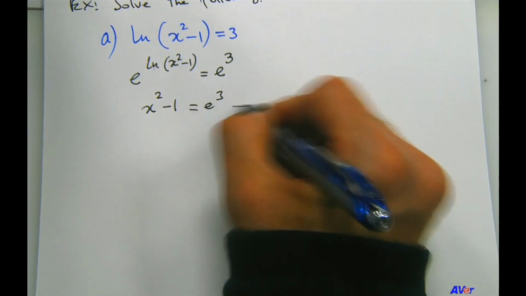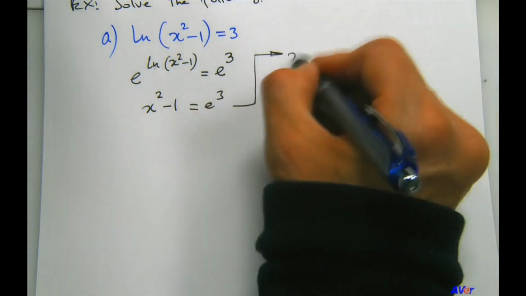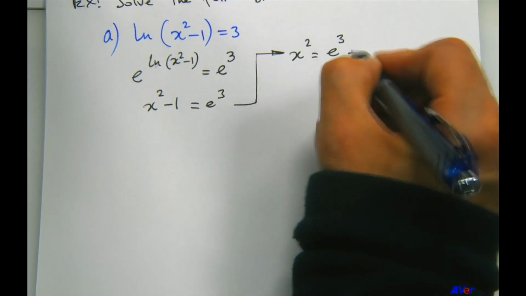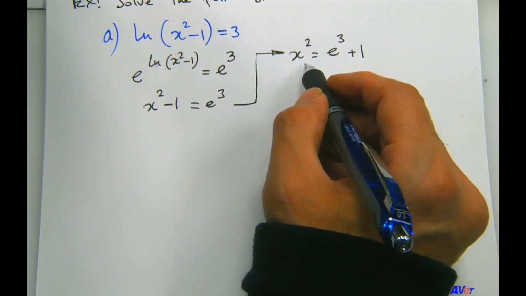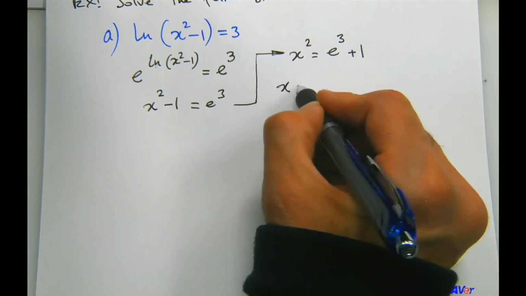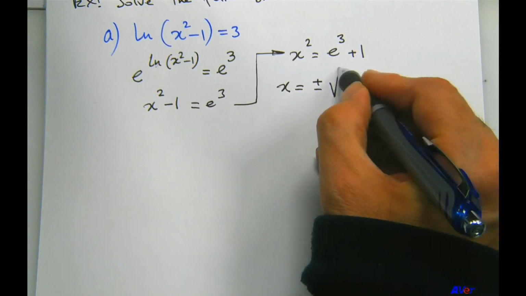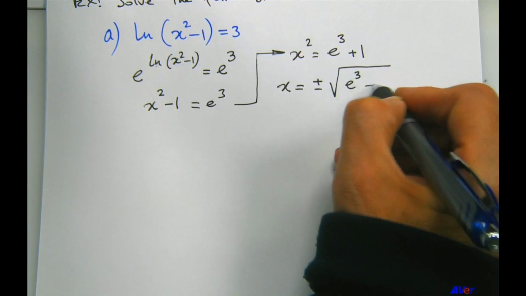So x squared would be equal to e cubed plus 1, right? Just moving the negative 1 to the other side. And of course, we have x equals plus or minus square root of e cubed plus 1.